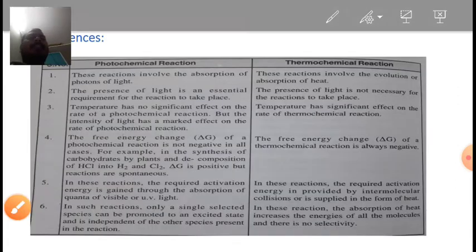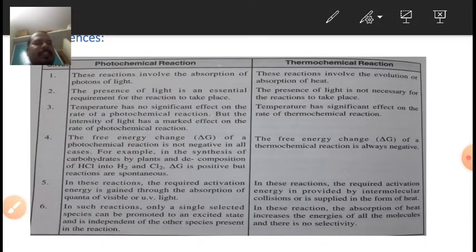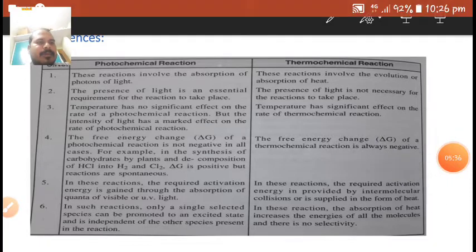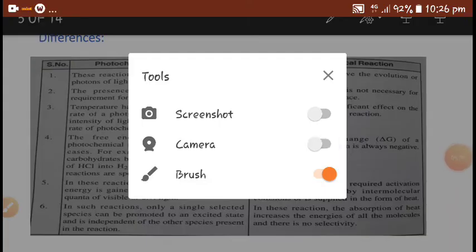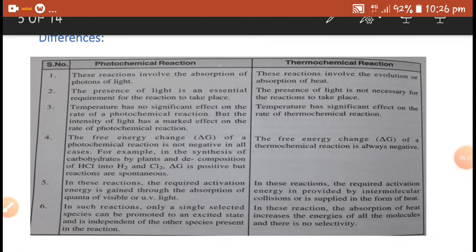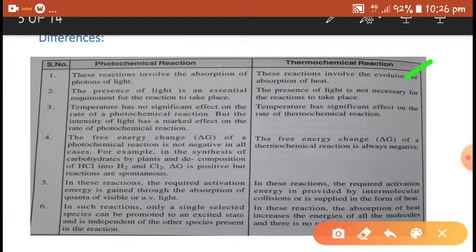Next, the main differences between photochemical reactions and thermochemical reactions. First point: photochemical reactions involve the absorption of photons of light. For thermal reactions, these reactions involve the evolution or absorption of heat.